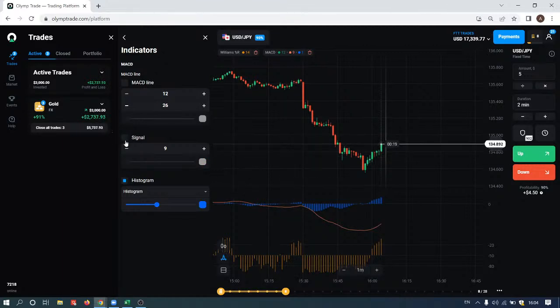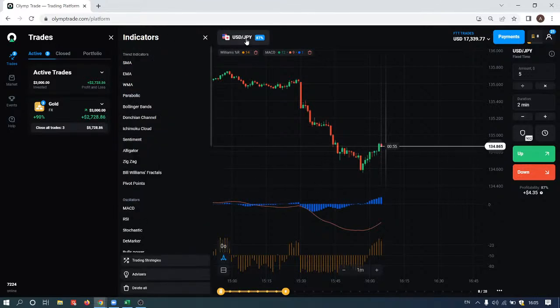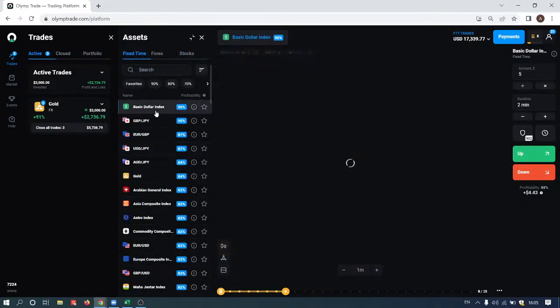It's not disappearing, but it doesn't matter. Then let's make this histogram a little brighter, a little thicker. Do you want it yellow? We can do it, but you can also just leave it blue, which is pretty visible. All right, and then pretty much we start trading.